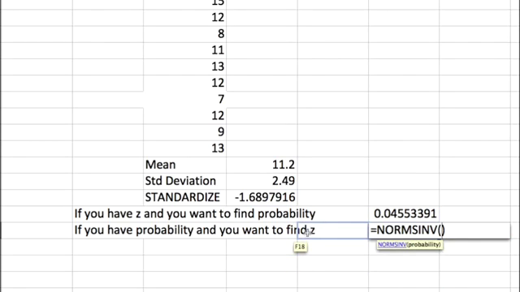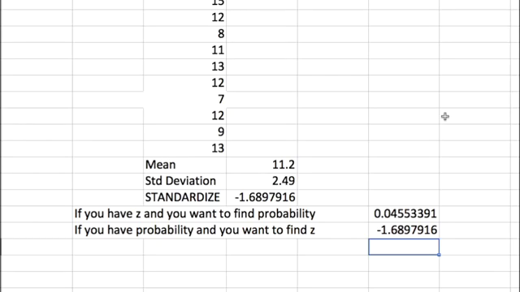And in this case, we would highlight, as it asks for, the probability, which is what we just figured above. And then when you hit enter, it would return the standard z-score for the number 7, negative 1.689 and so forth. And as you can see, that is exactly the same number that we got before.